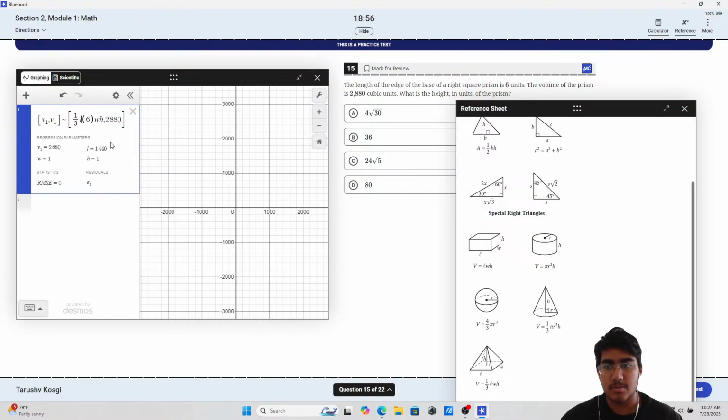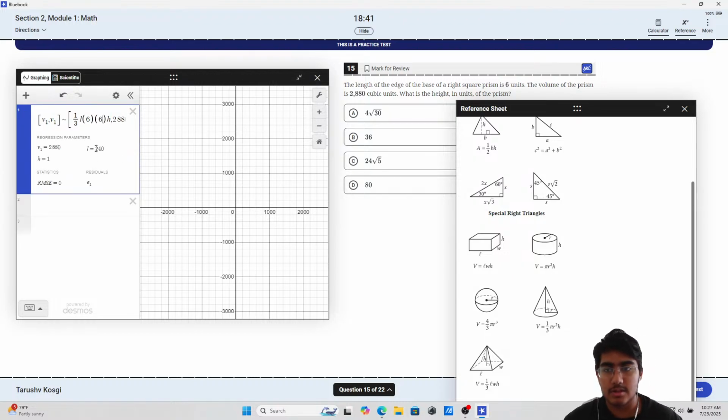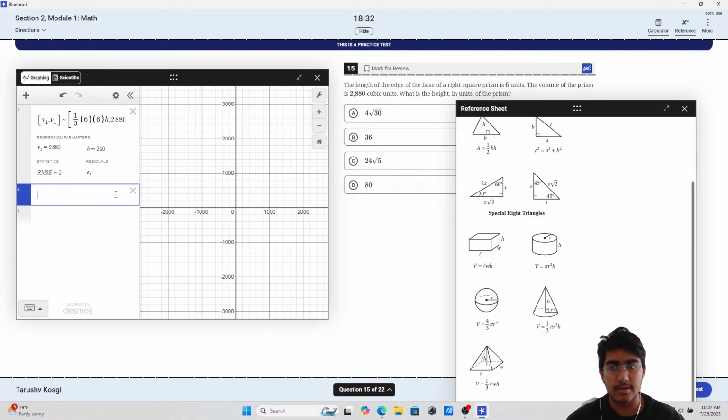The width is also 6 because it's a square prism. So then I have to get rid of L as well. Height is 240. So 240, that's 21, that's 53. There is no 240 here seemingly.